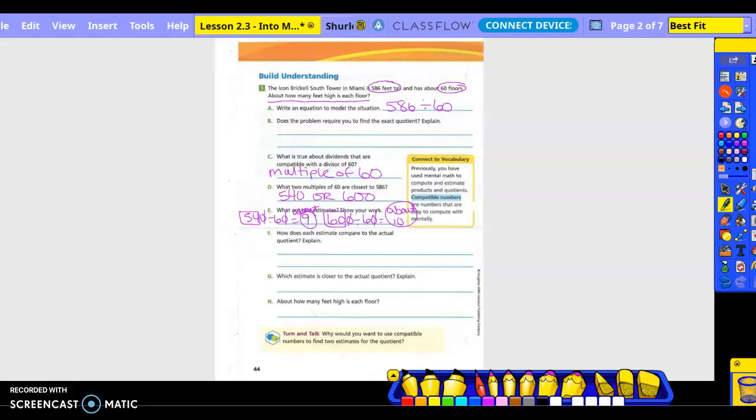Which one would probably have been better to use, the about 9 or about 10? About 10. So using the higher estimate would have been the better one to use, because it would probably be a little closer. So we just answered letter G, the high estimate.